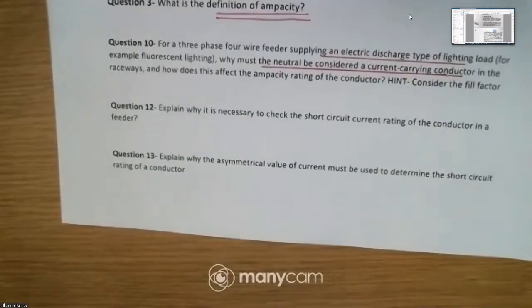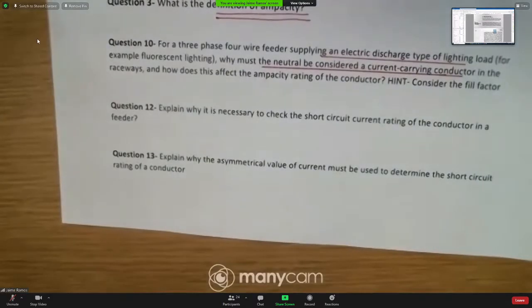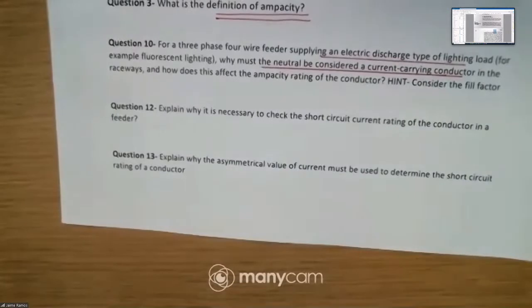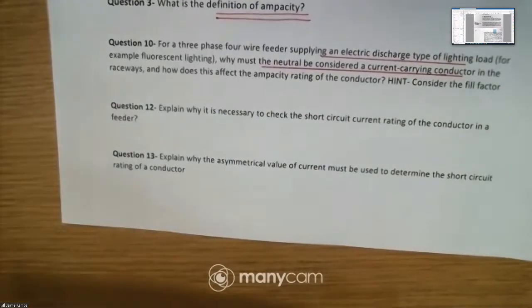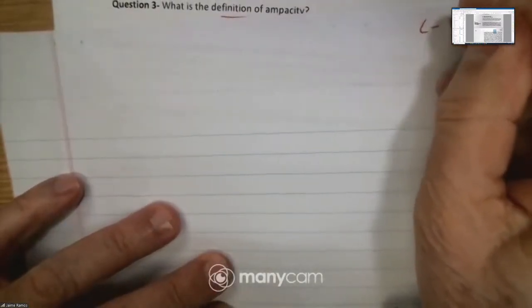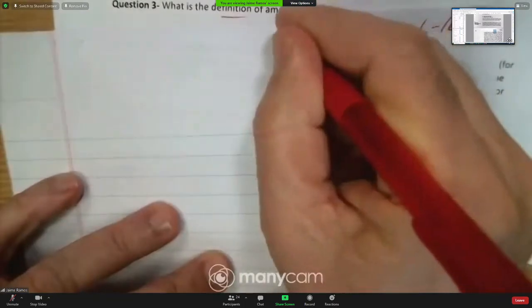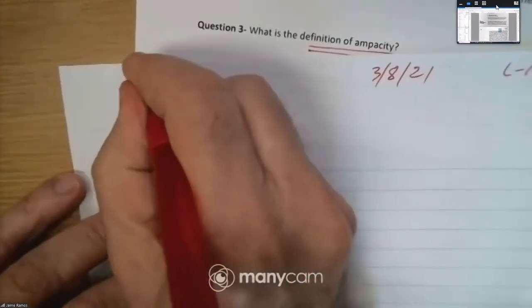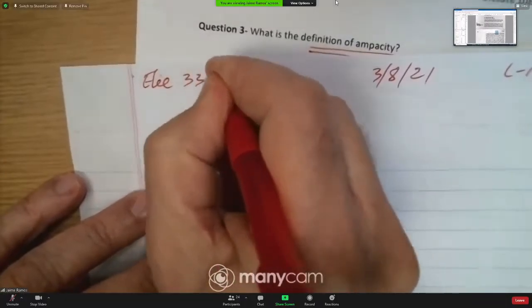Look, in this tab, we are in lecture 16A, ELE 3371.